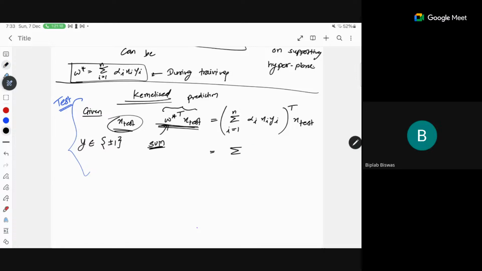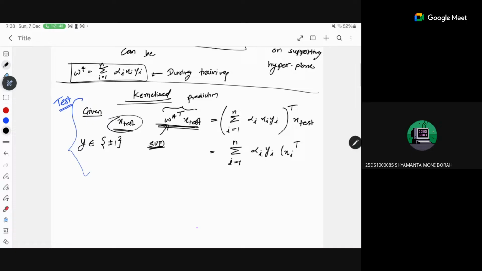Then what will happen to this quantity? It will be summation of i equal to 1 to n, alpha i y i x i transpose. Why is this not transposed for alpha and y i?